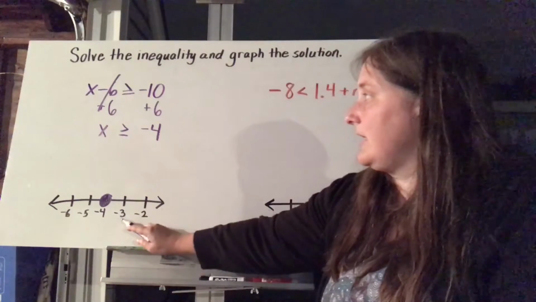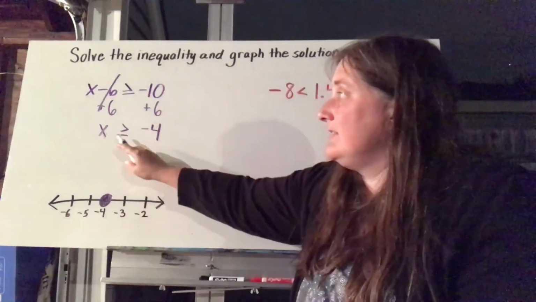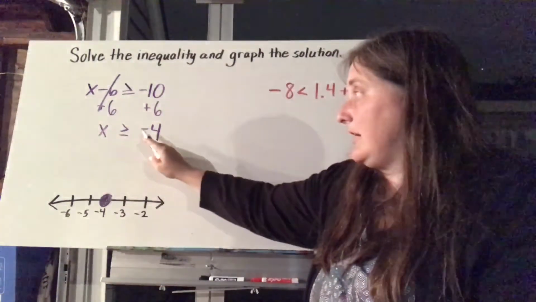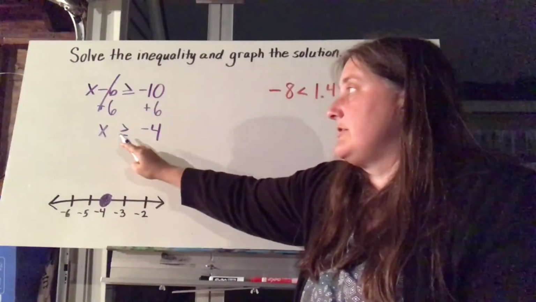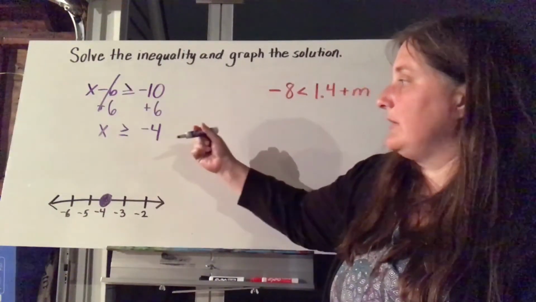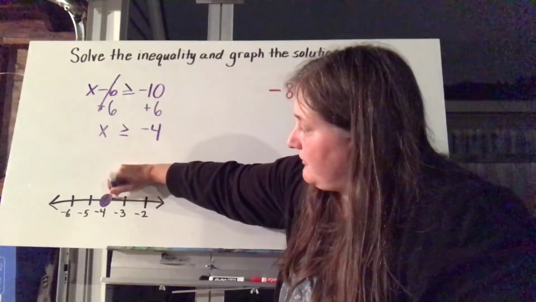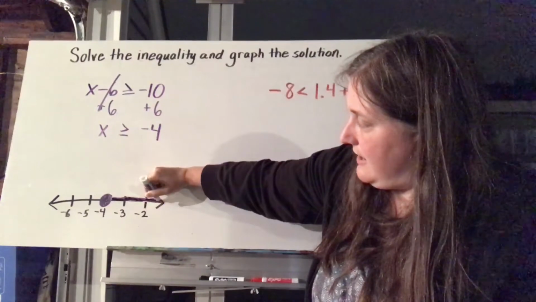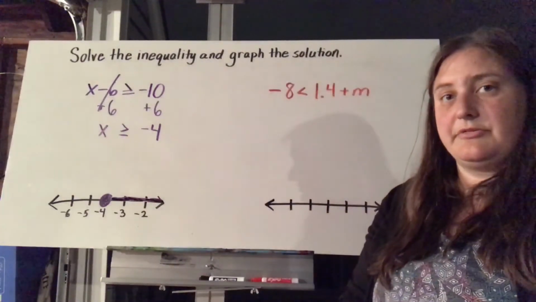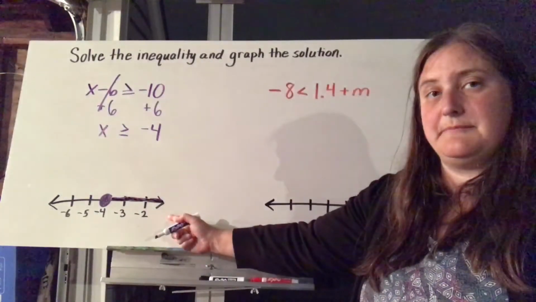So if I plug in negative 3, negative 3 is greater than or equal to negative 4. If I plug in negative 5, negative 5 is not greater than or equal to negative 4. So I definitely want to highlight the numbers in this direction, numbers that are bigger than negative 4. There's the graph of my solution set.